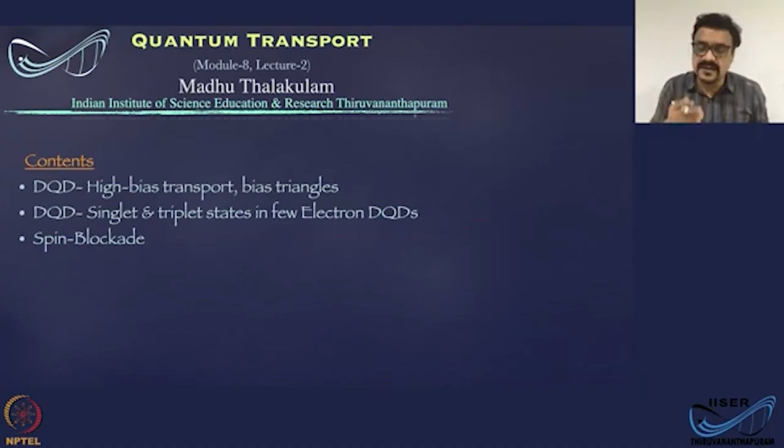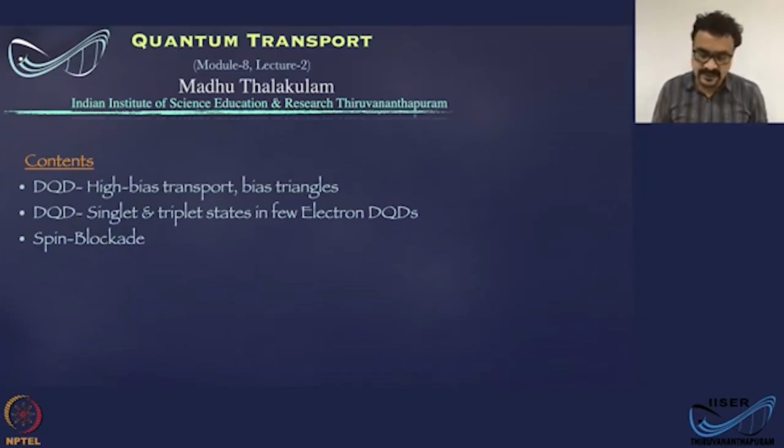Everywhere else the current is zero, and that we call the charging diagram or the stability diagram for the double quantum dot. So in this lecture we will inspect the transport.